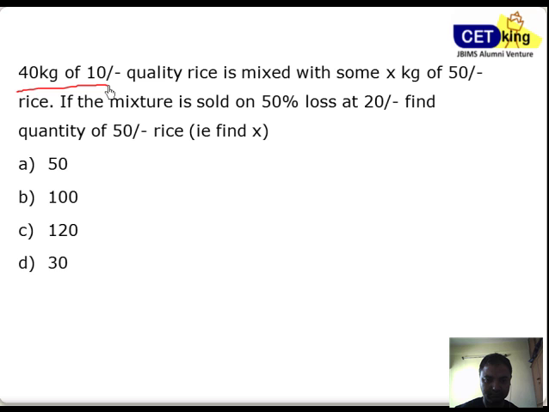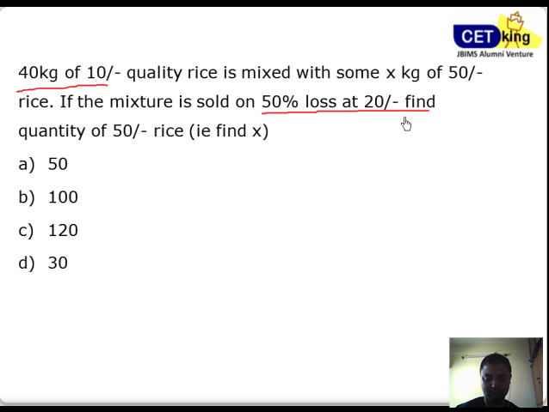If the mixture is sold at 50% loss, at 20 rupees, find the quantity of 50 rupees rice.